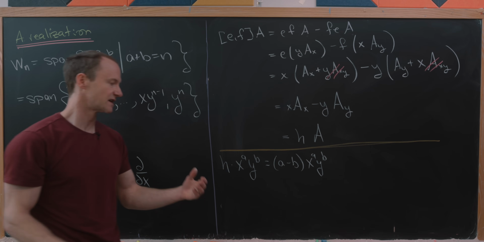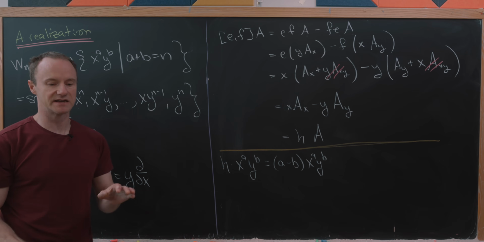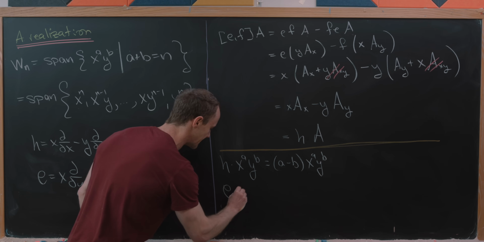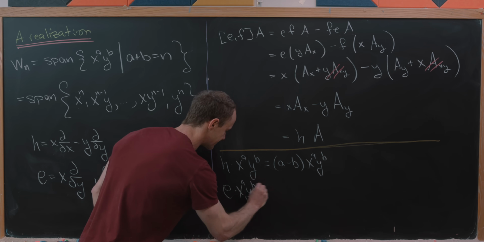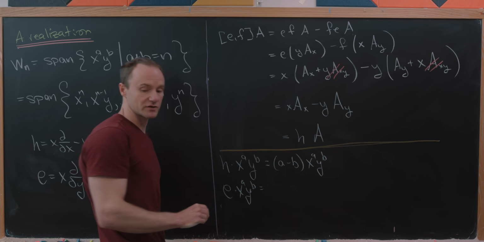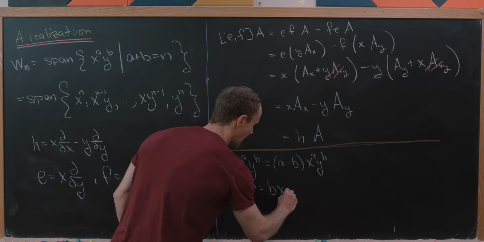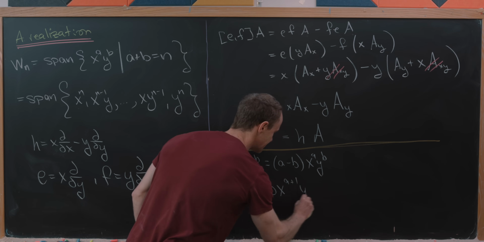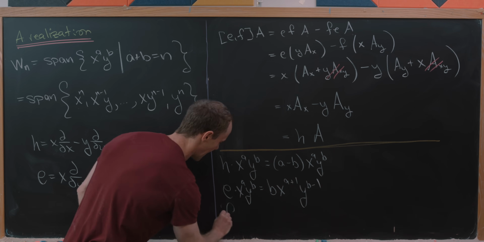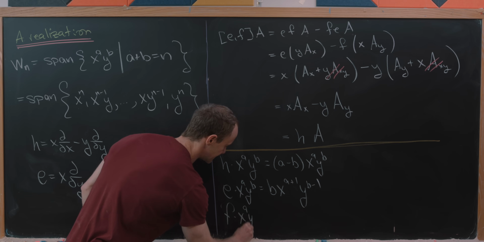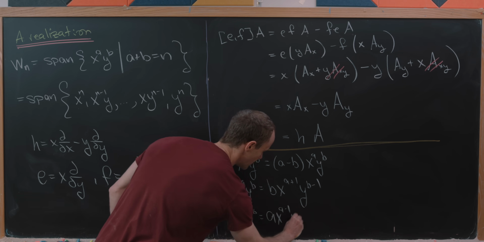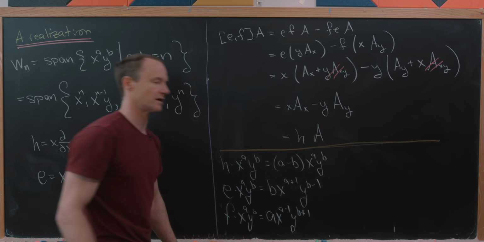So that means that this x to the a, y to the b is an eigenvector of h. And then you can look at e acting on this same monomial, and you'll see that this is going to be b x to the a plus 1, y to the b minus 1, and then f acting on this same monomial will give us a x to the a minus 1, y to the b plus 1.